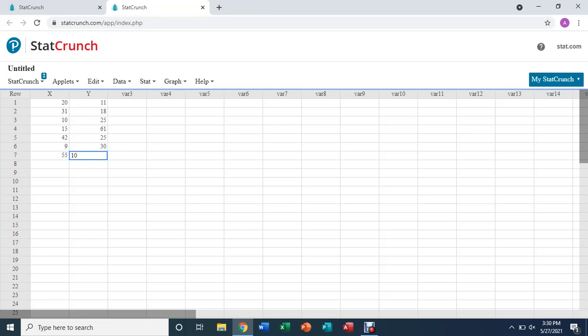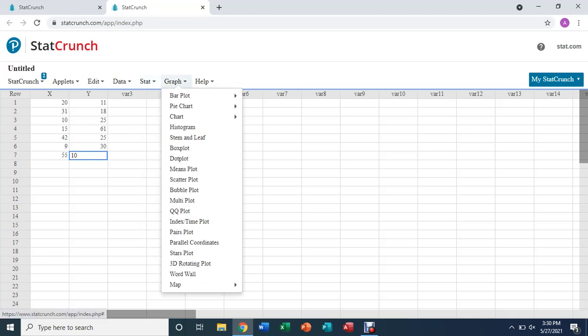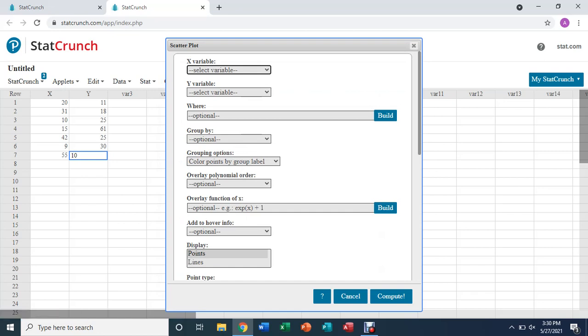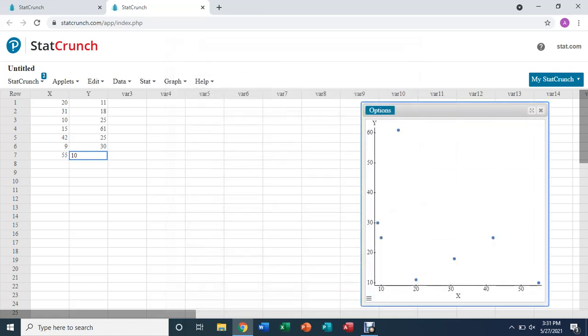So you go to graph, and you choose scatterplot. So variable x, it's your x, variable y, it's y, and hit compute. So you see that's the scatterplot.